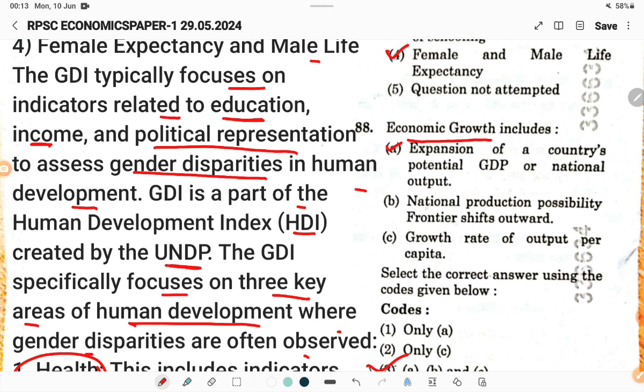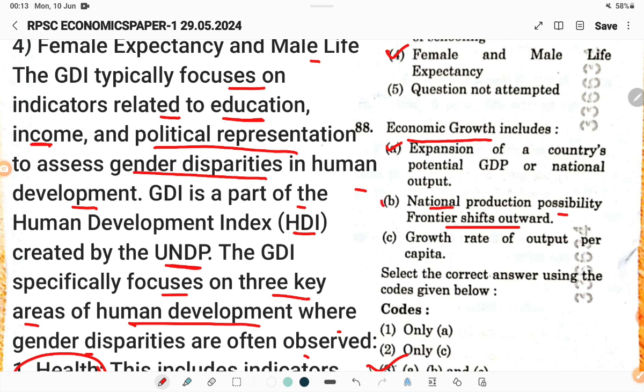And B, national production possibility frontier shifts outward. As we all know, in economic growth, the production possibility frontier shifts outward, because this indicates an increase in the economy's capacity to produce goods and services due to factors such as advancements in technology, better resource allocation, and increased specialization.